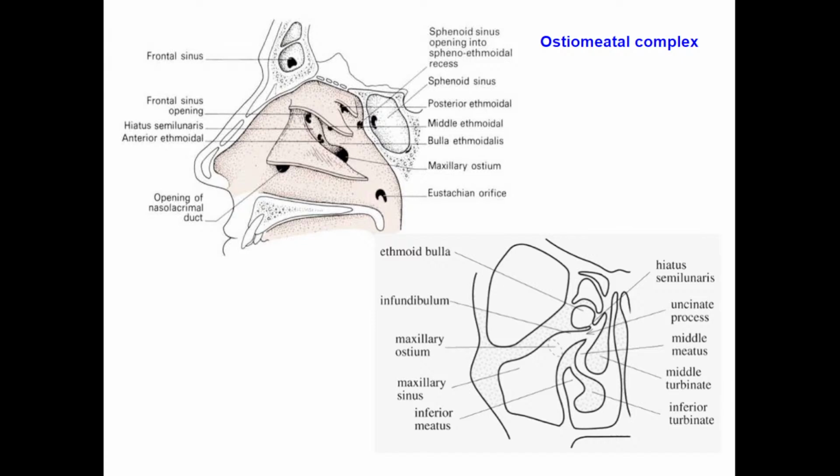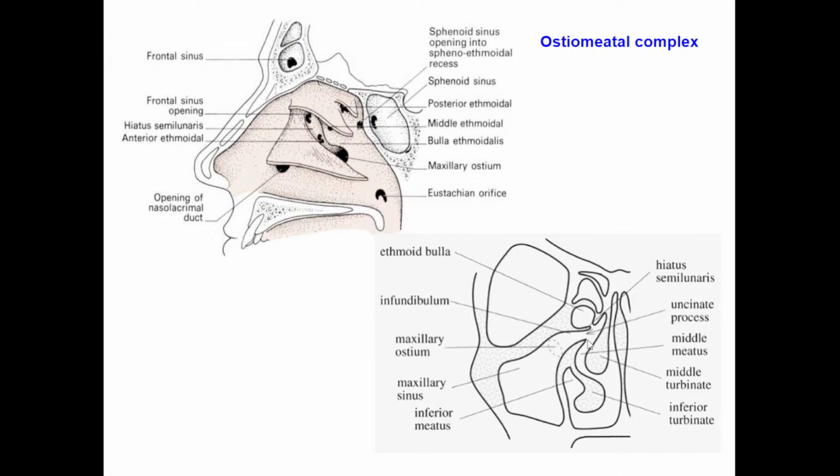So what structures form the osteomeatal complex? It's the uncinate process, the middle turbinate, the maxillary ostium, the ethmoid bulla, and the hiatus semilunaris.